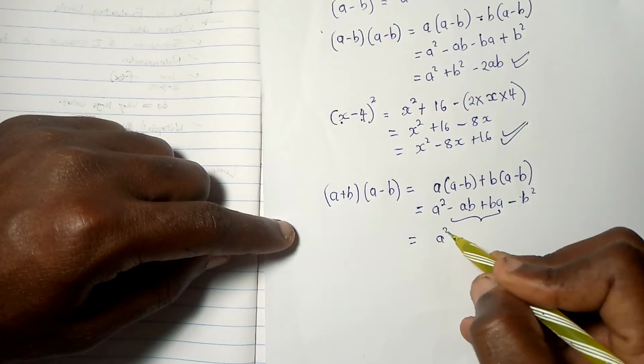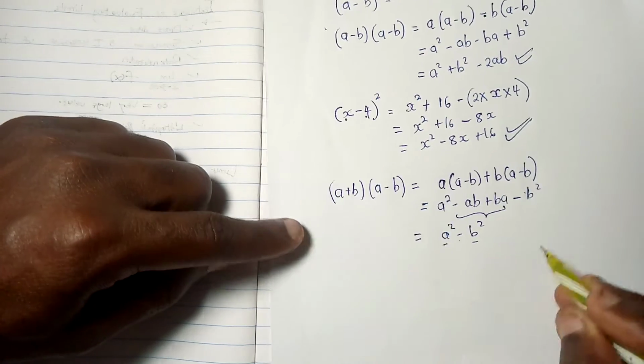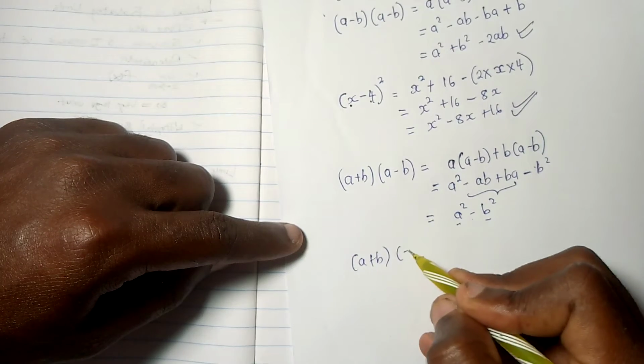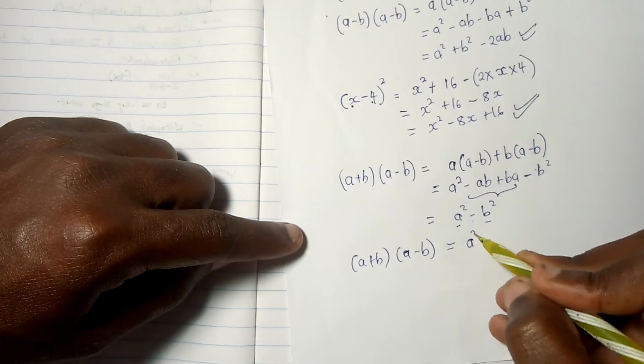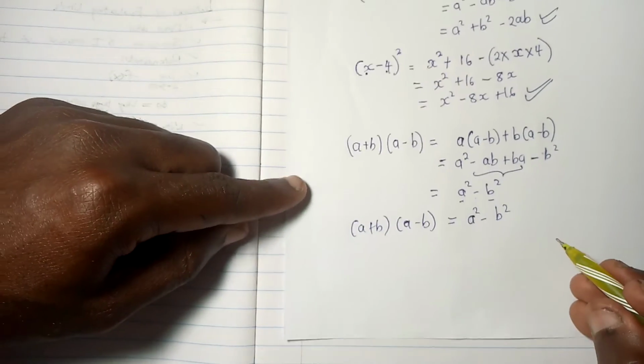So I'm going to get a squared minus b squared. So this is a difference of two squares. So a plus b times a minus b, when you get the product, you are going to get a difference of two squares, which is a squared minus b squared.